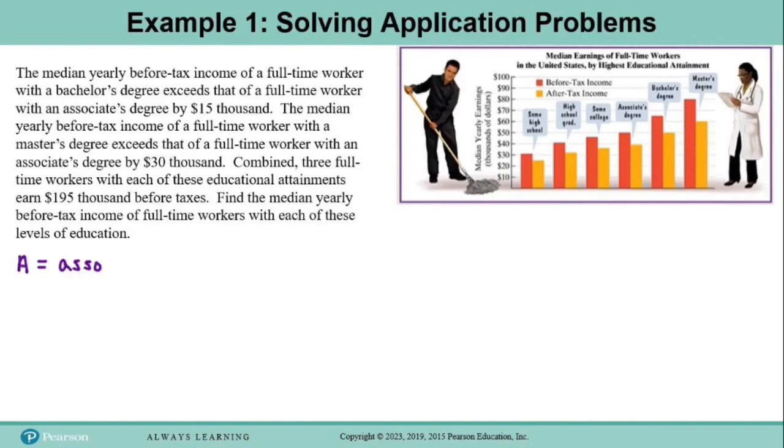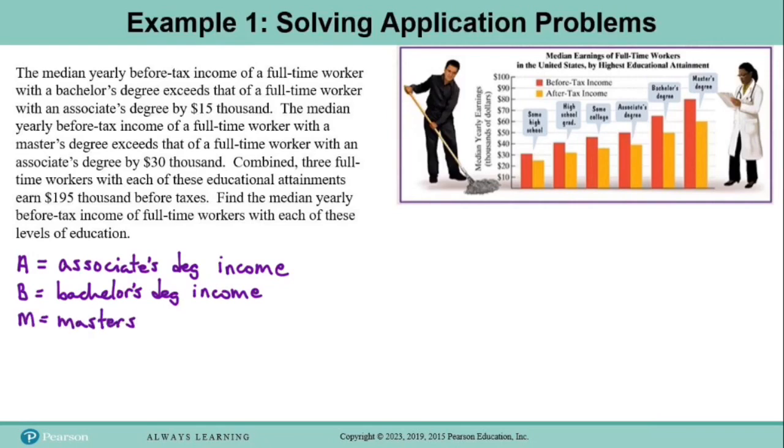So I'm going to let A represent the median yearly before-tax income for an associate's degree. B is going to be the median yearly before-tax income for the bachelor's degree, and then M will be the median yearly before-tax income for the master's degree.